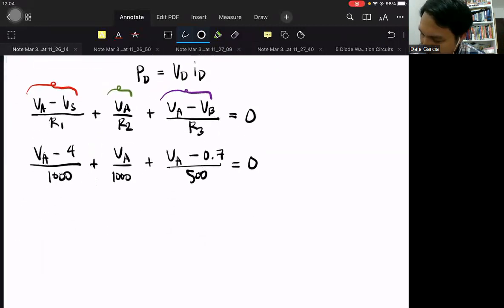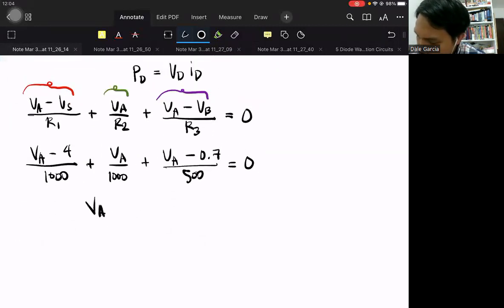Solving for VA, we get a value of 1.35 volts. So VA is 1.35 volts.